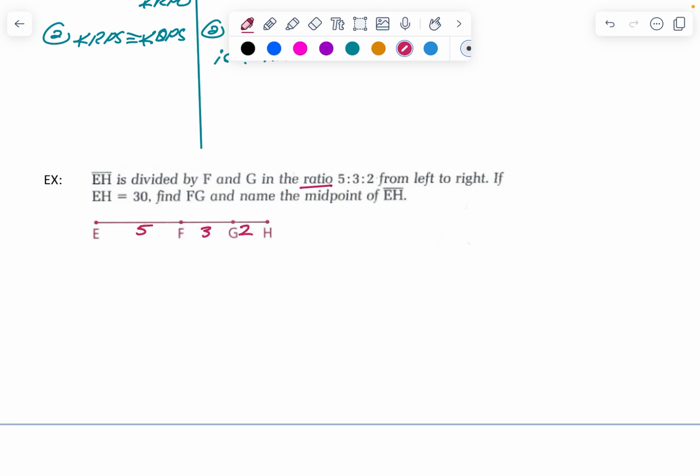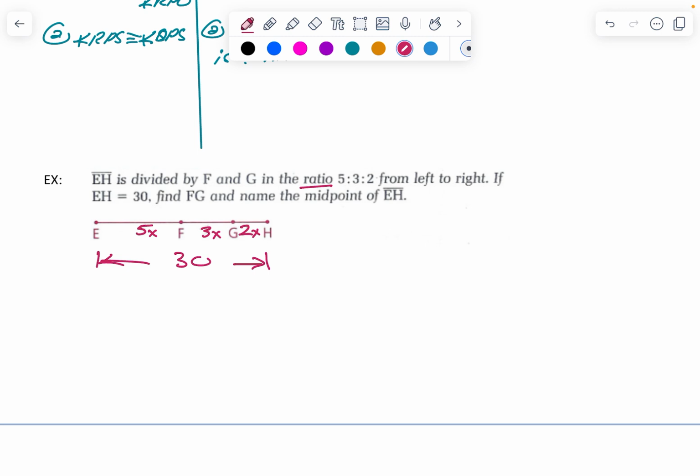Like if we add them all up together right now, we get 10. But we're given that EH, this whole thing, is 30. So there's a common factor here. In other words, they're in the ratio, which means they have a common factor that was simplified to 5 to 3 to 2.